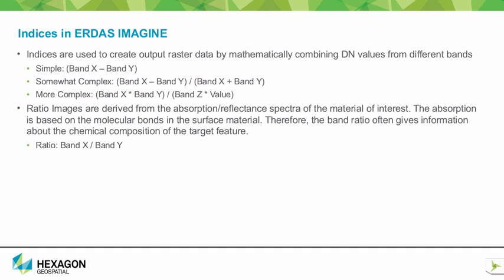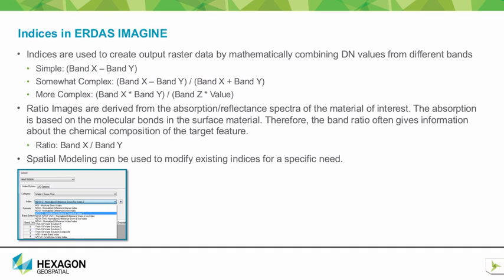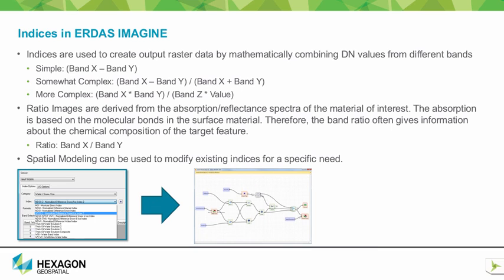Now, this basic functionality exists in ERDAS Imagine through the graphic user interface, but we can extend the functionality of these indices through spatial modeling. And kind of the process to do that is we simply select the indices we want to work with from Imagine. We can view the spatial model that's behind that function.